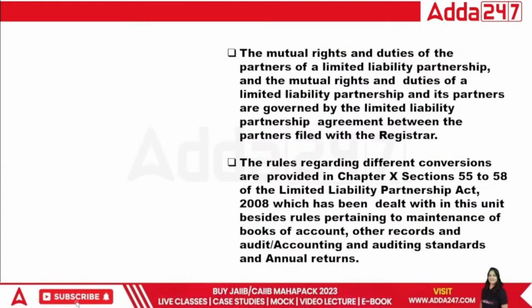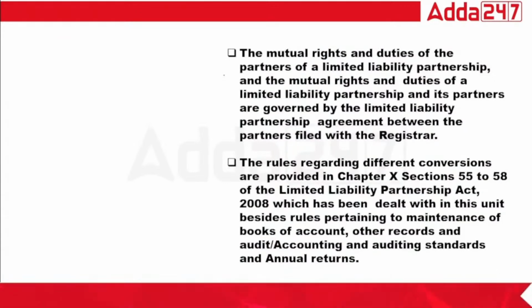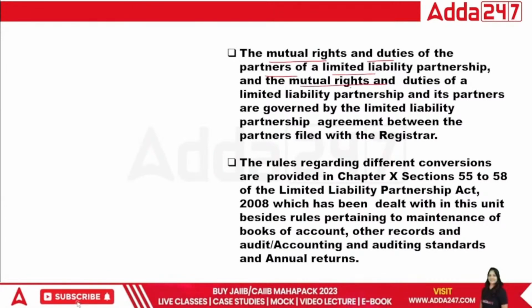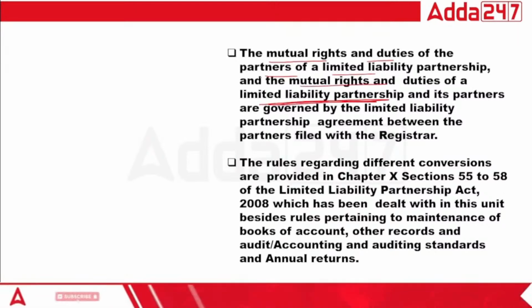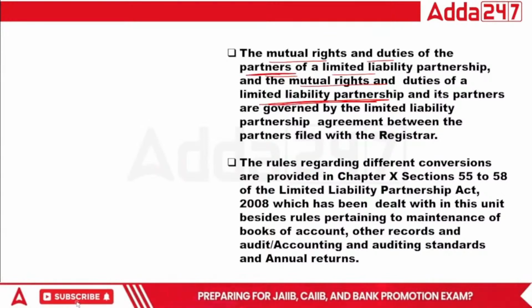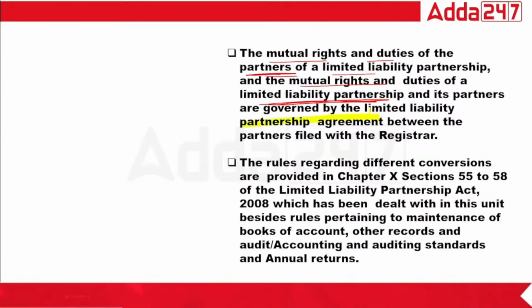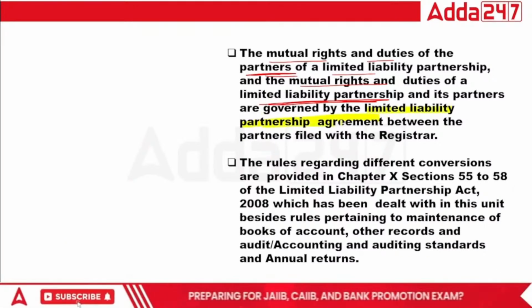Okay. Next, these are the summary. The mutual rights and duties of partners of LLP, and the mutual rights and duties of LLP and its partners, are governed by the LLP agreement. So this is very important: in LLP, one of the most important documents is the LLP agreement.